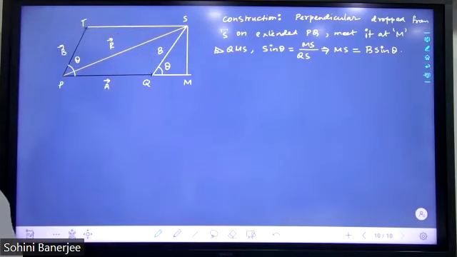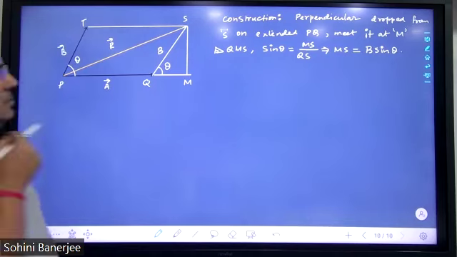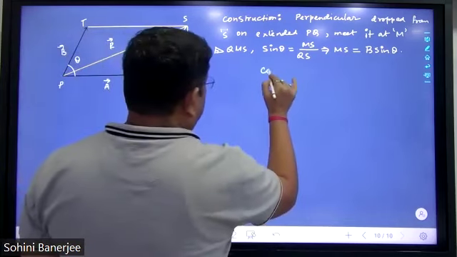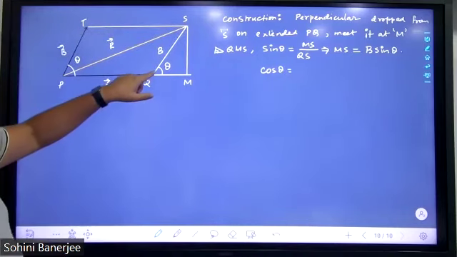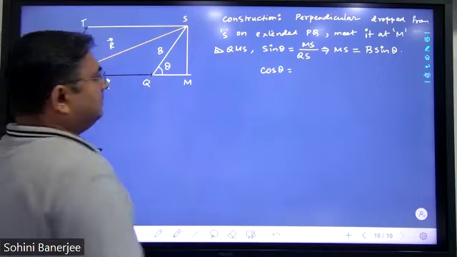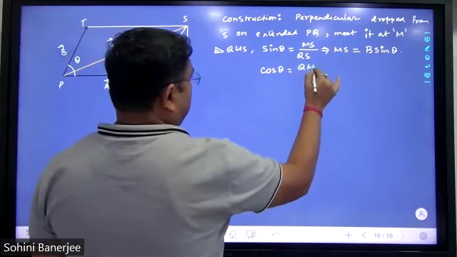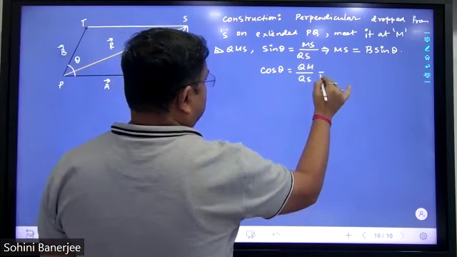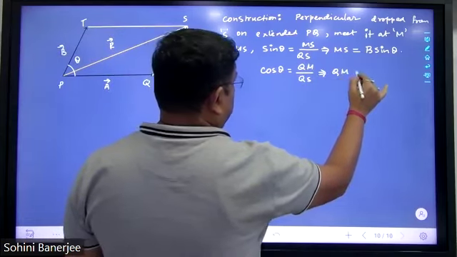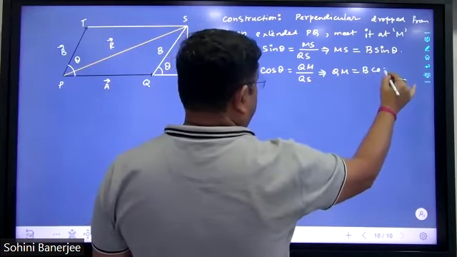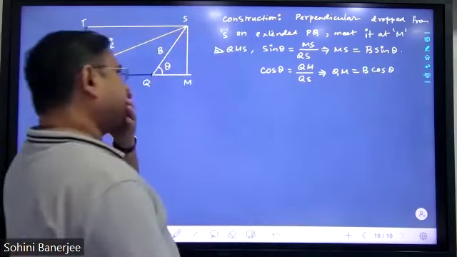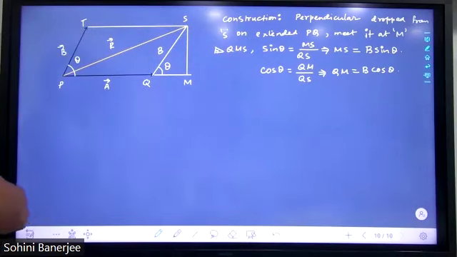Clear? MS is B sin theta. Now cos theta is QM by QS. So QM is equal to QS, which is B, times cos theta. So MS is B sin theta, QM is B cos theta. Clear?